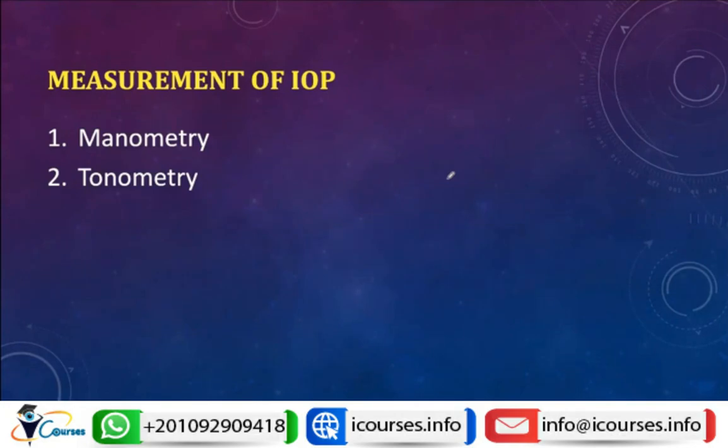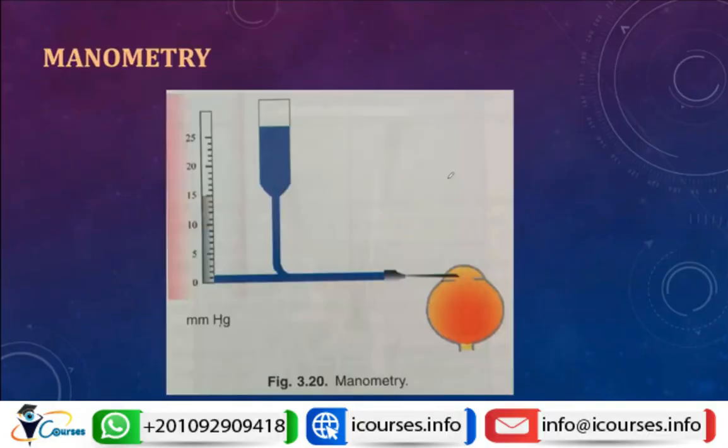Manometry is the true and real measurement of pressure, meaning that, theoretically, in order to measure the pressure inside the eye, we need to pass a needle. This needle should be attached to a sphygmomanometer, like this. So this is mercury, and it should be elevated according to the pressure inside the eye, about 15 or 20 millimeters of mercury.